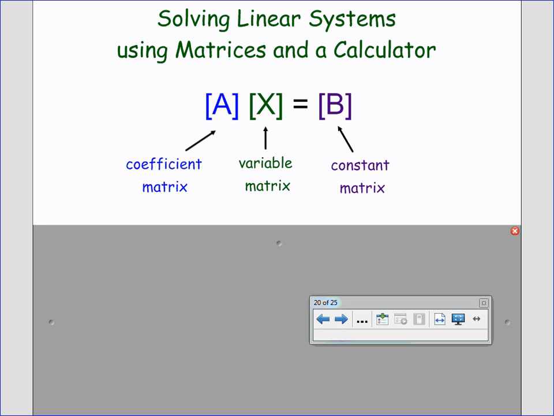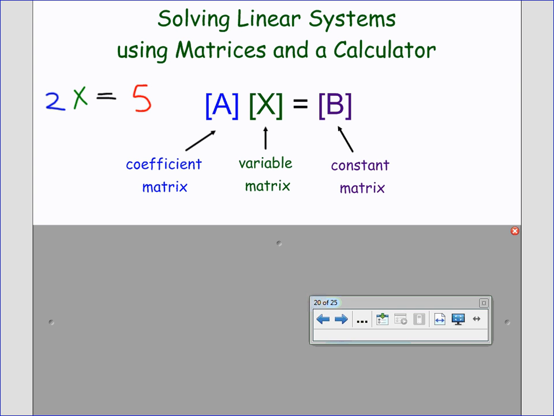And so, just like we have solved the equation 2x equals 5, where 2 is my coefficient, x is my variable, and 5 is set equal to a constant, so too do we have similar terms for a matrix equation. A is just a matrix, it's the coefficient matrix. X is what we call the variable matrix, and then that's set equal to a constant matrix.